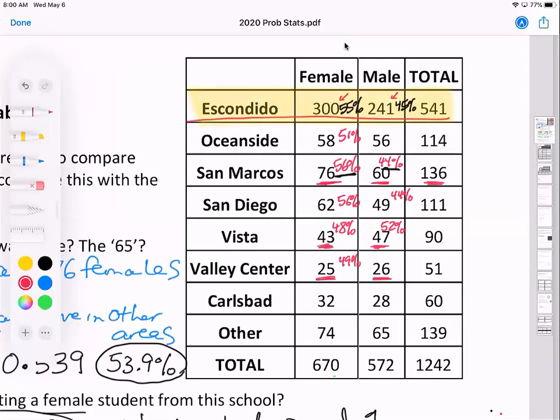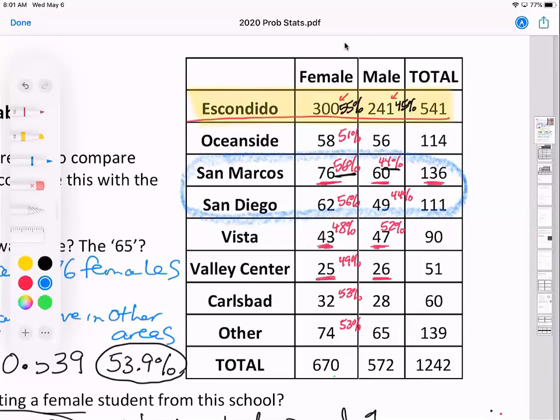Carlsbad, that would be 53%. Other locations would be 53%. So actually what we initially thought was wrong. We initially thought maybe Escondido would have the largest disparity just because the numbers looked so far apart. But actually, it's kind of a tie between San Marcos and San Diego.